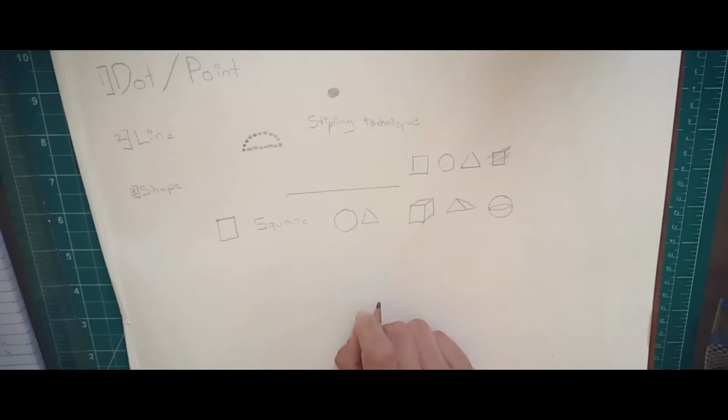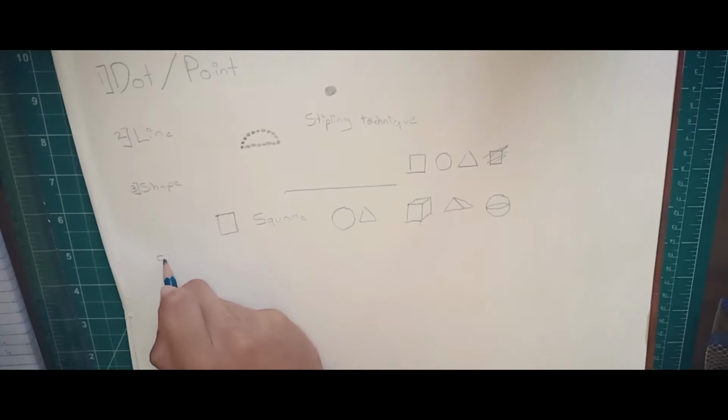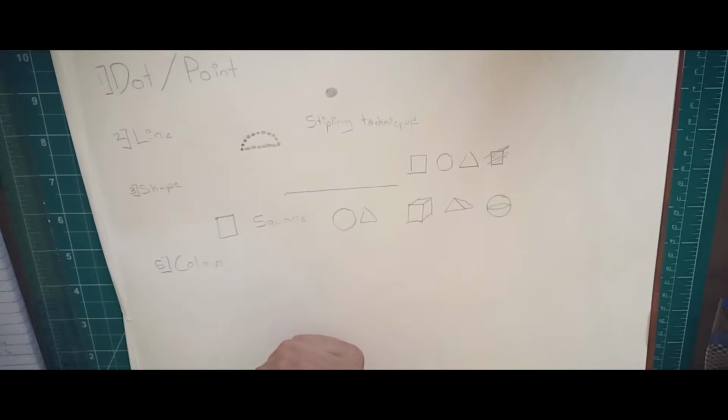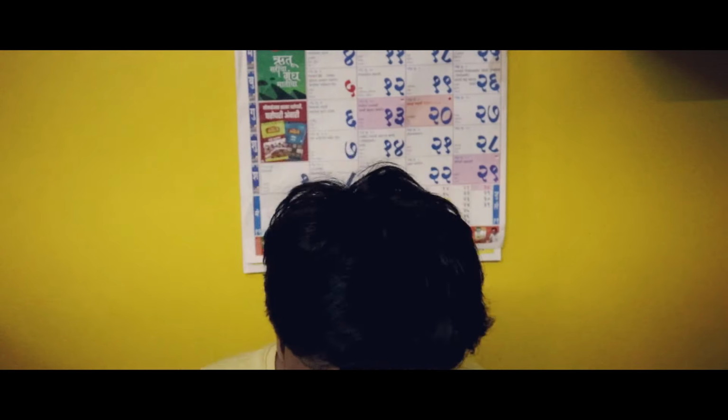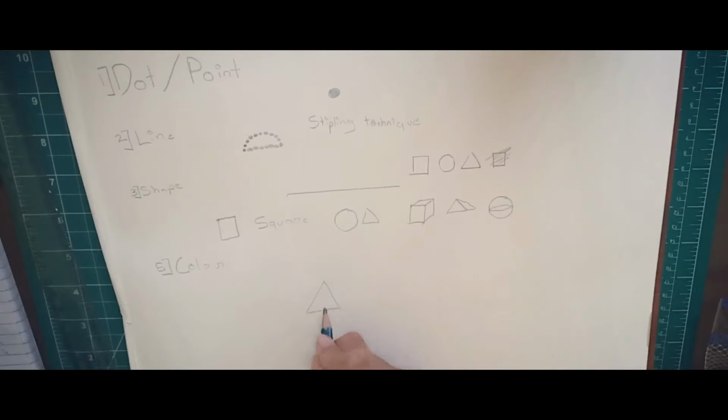Let's talk about the fifth thing, which is color. Cool. Now let's talk about color. Color is one thing, everyone loves color. Who doesn't? But what is color exactly? If you've studied science, about the prism. It's a glass prism, and when a ray of light passes through it, it produces the Vibgyor or the rainbow.